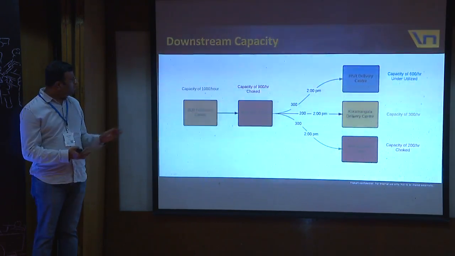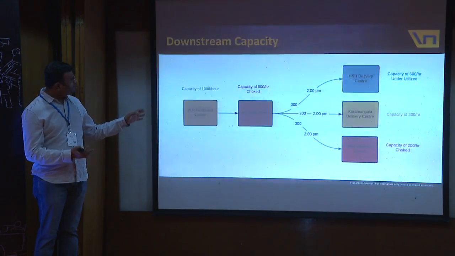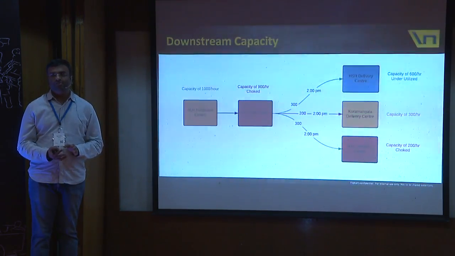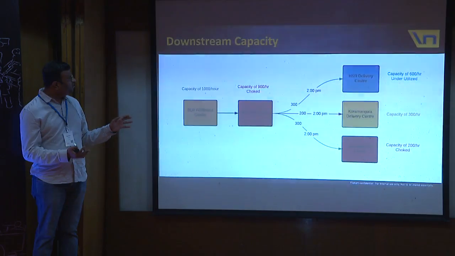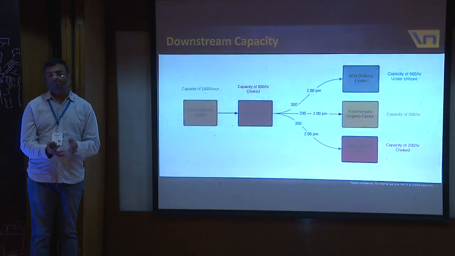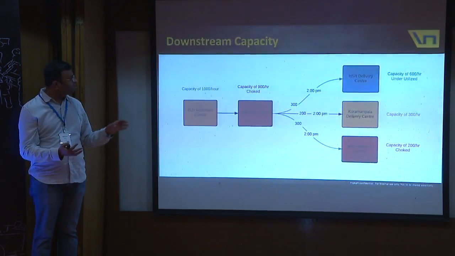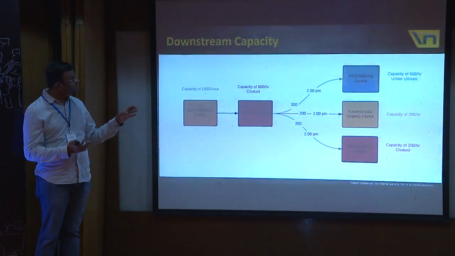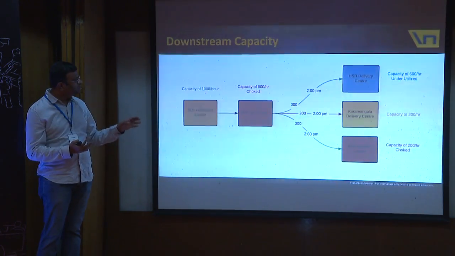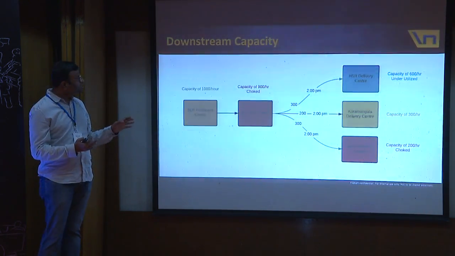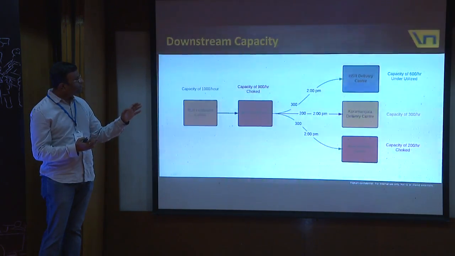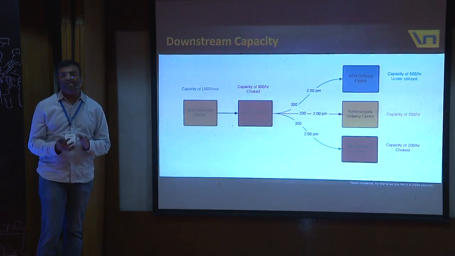what happens? So Bangalore sort center gets 900 units per hour, shipments per hour. If we have taken the demand load pattern such that 300 were meant for HSR, 300 were meant for Koramangala and 300 meant for Banchankri, what happens is that at this point in time, HSR delivery center has a capacity of 600.